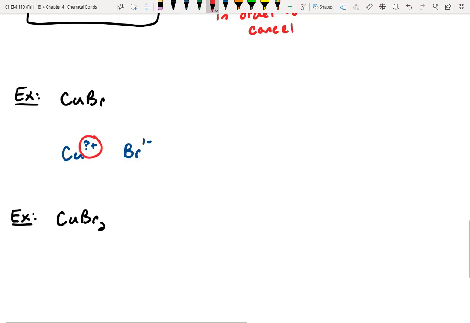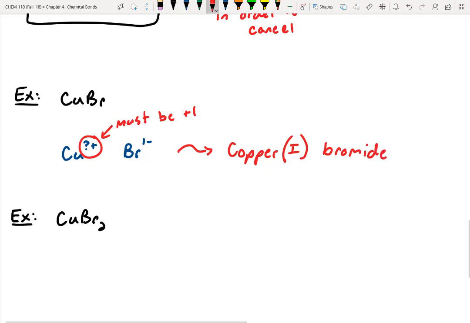Okay, so we'd say must be +1. Okay, that means the name for this one would be copper Roman numeral 1. And then bromine is our anion, but we want an IDE suffix, so it'd be bromide.